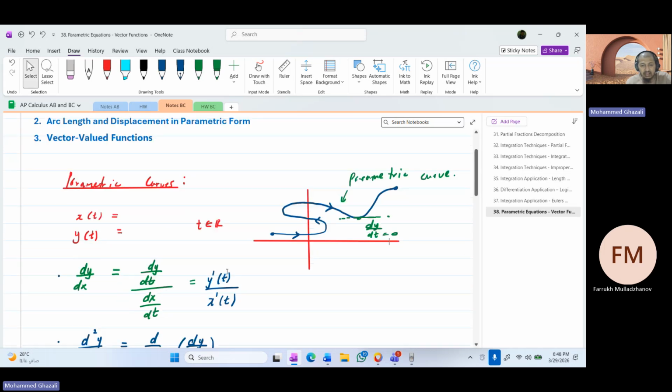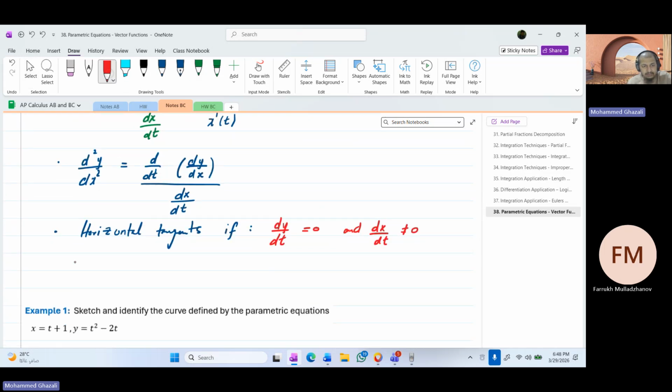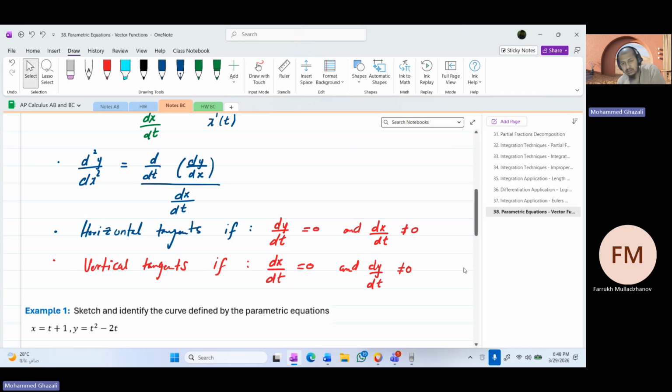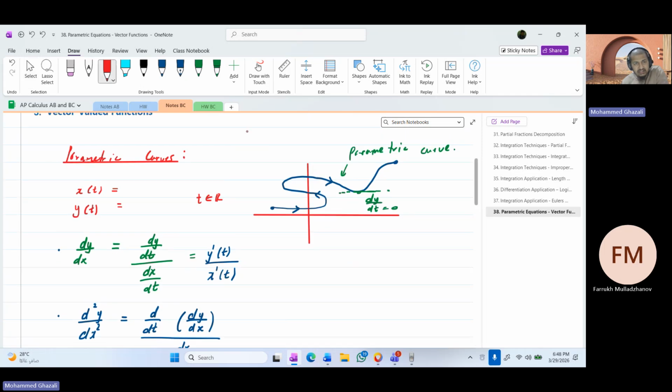Then you get something called a vertical tangent. You get vertical tangents if dx dt is equal to 0 and dy dt must not be 0. Because if both of them are 0, you will not get a tangent. You'll get conflicting scenarios here. So dy dt must be non-zero. So a vertical tangent is probably here.